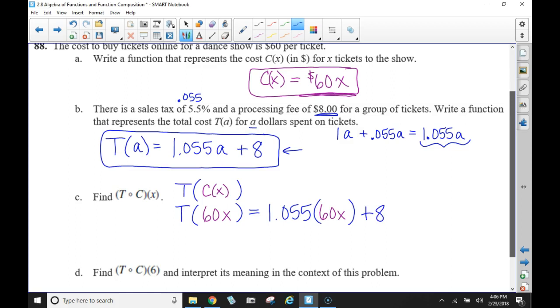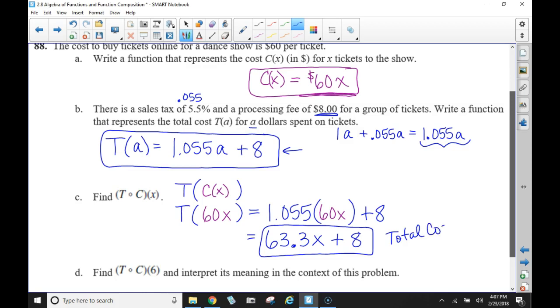So I think we can now clean this up a little bit and multiply the 1.055 times 60, and this comes out to be 63.3x plus 8. Now, that function is going to represent the total cost, including taxes, including the processing fee, for X number of tickets.